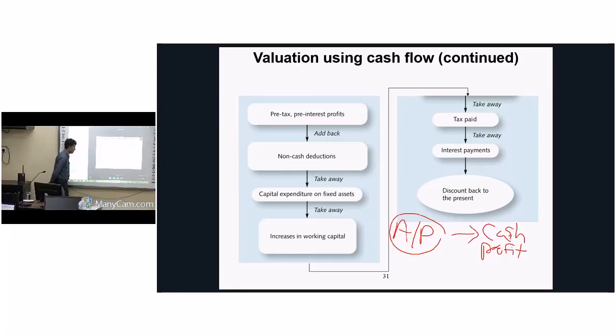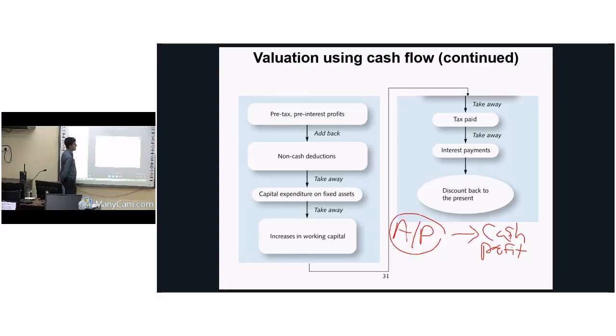So we will start with, in the income statement, pre-tax, pre-interest profits. As you know, in the income statement we have profit after tax, profit before interest and tax, and like that you have different forms. So we'll start with pre-tax, pre-interest profit in your income statement.